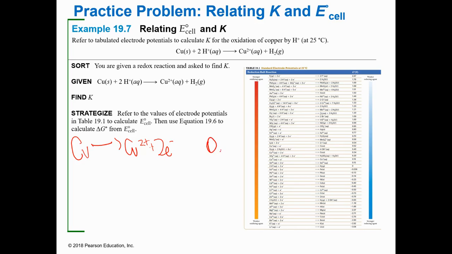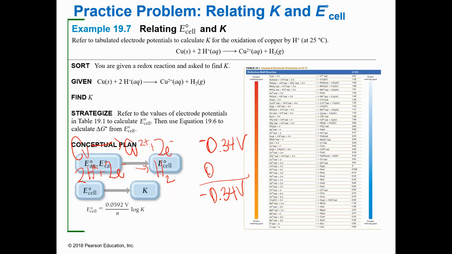This is 0.34 volts. And I need to flip it, so that one's negative. I've got 2H plus 2 electrons yields H2. And that just happens to be 0, so I'm going to add these, negative 0.34 volts. Okay, so this one's not spontaneous.